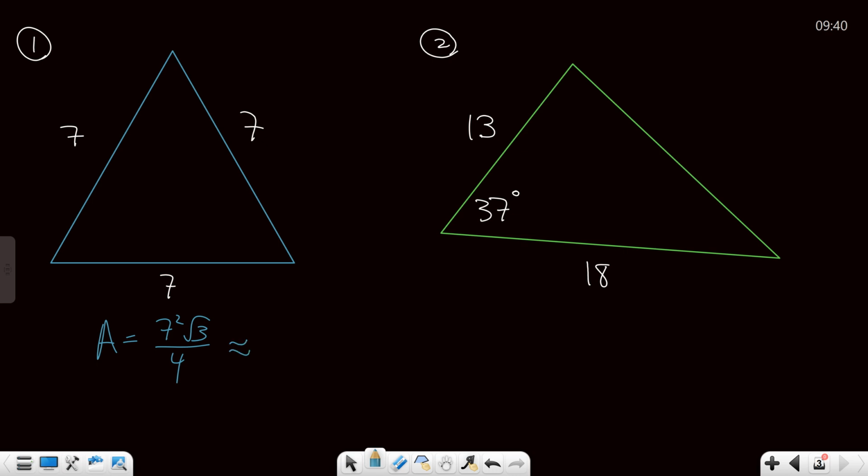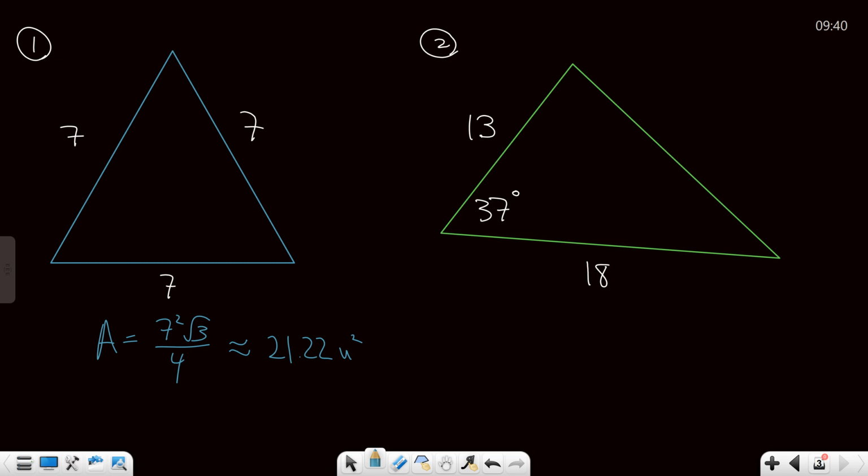And that's approximately how much? 21.22. And you said units squared, right? Do you all agree? Yes. Anna, you're shaking your head no. What's the matter? You do not agree? No, I agree. I was confused, but I get it now.